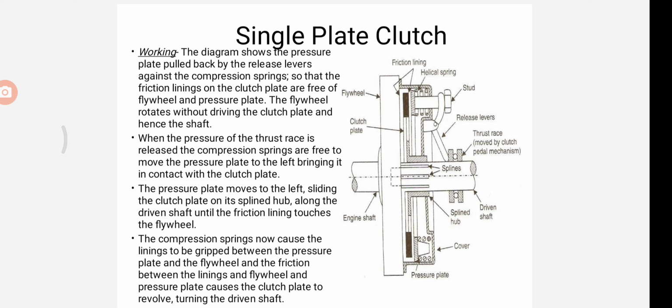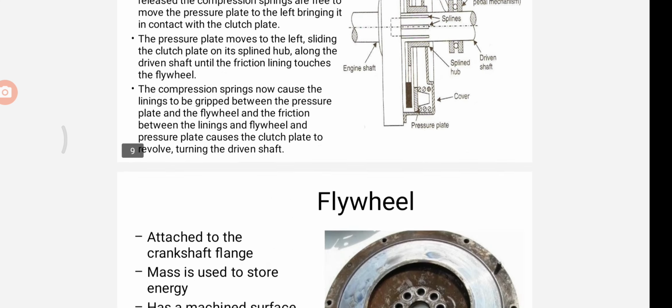The compression springs now cause the lining to be gripped between the pressure plate and the flywheel. Through the friction between the linings and the flywheel, the pressure plate causes the clutch plate to revolve, turning the driven shaft. So this is the use of the single plate clutch.